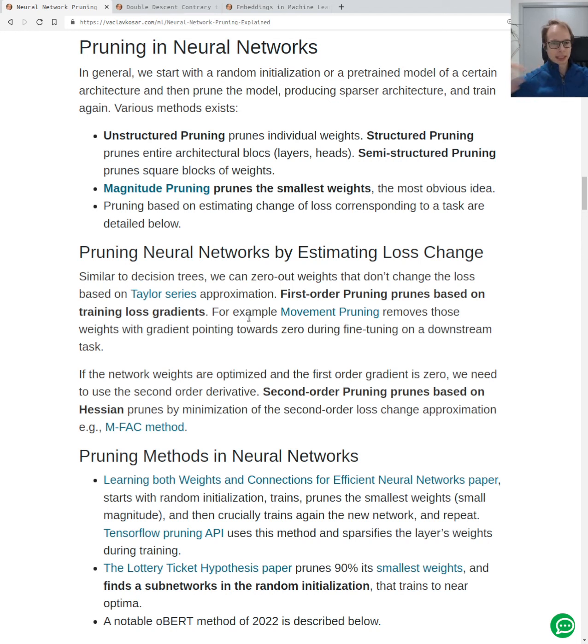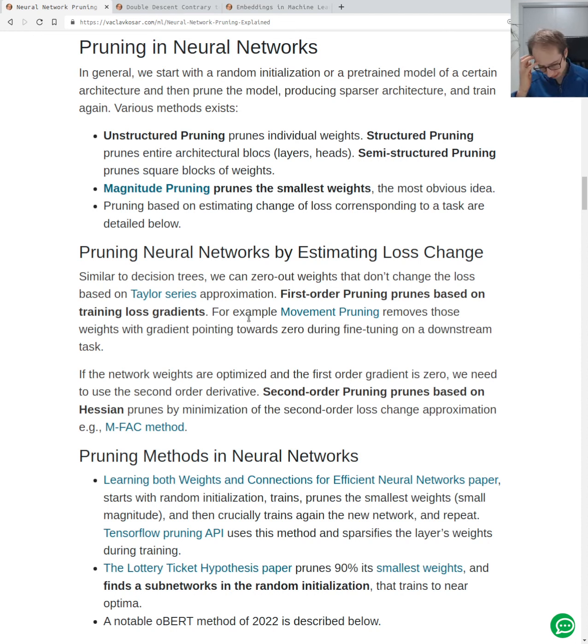In neural networks, this is generally more of an iterative approach. We start with some initial architecture that can be pre-trained, then we prune, train a little bit, and prune again and tune a little bit.